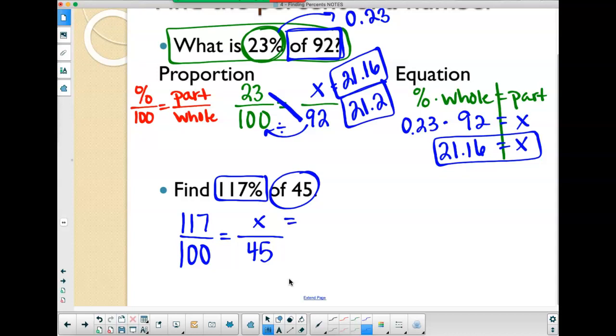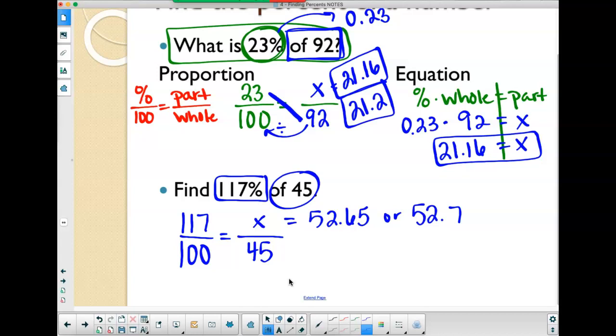You get x equals 52.65. Okay, do not put a percent sign on this. We're not asking for a percent. We're just finding a number. You can either leave it as 52.65, or you could round it to 52.7. Okay, rounding to the nearest tenth. Questions there?